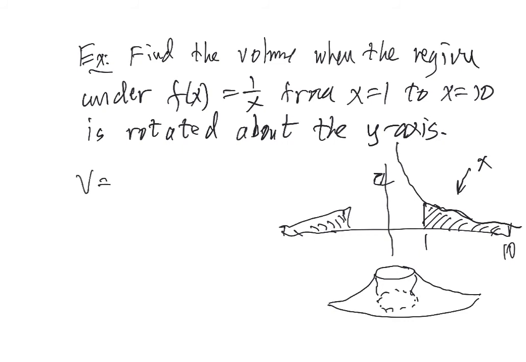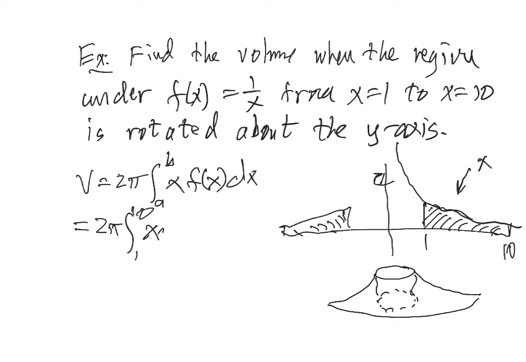So we have a formula for it, and this fits it, right? It's exactly like our picture. We have a function on top, interval 1 to 10, we're going about the y, so we can just bring our formula in, and I'll write the formula generically, and then we'll fill in the details. 2 pi, integral of x f of x dx. Notice no squares or anything like the other formula. And of course, a and b are 1 and 10, handed to us.